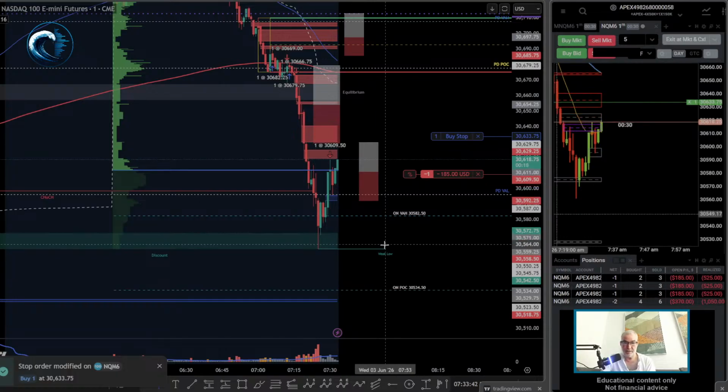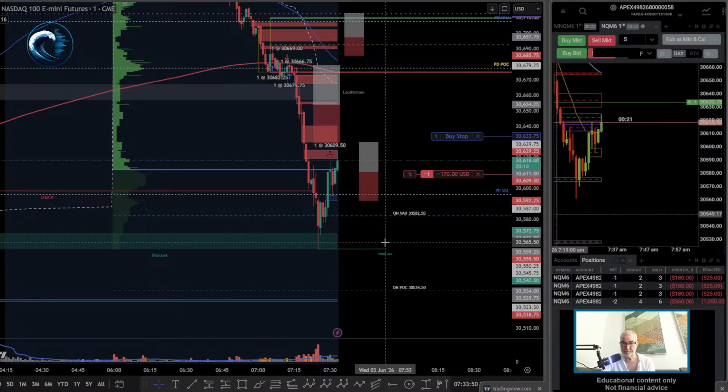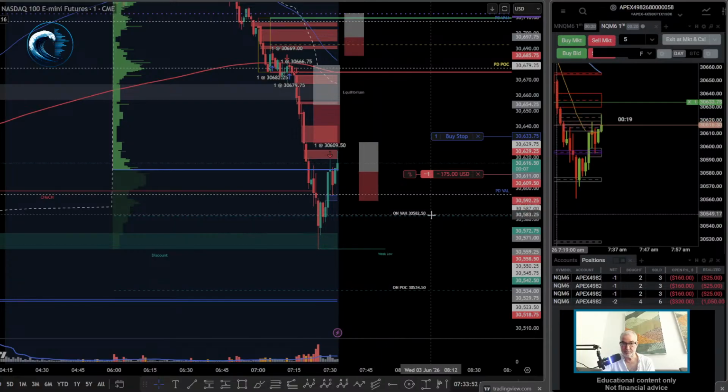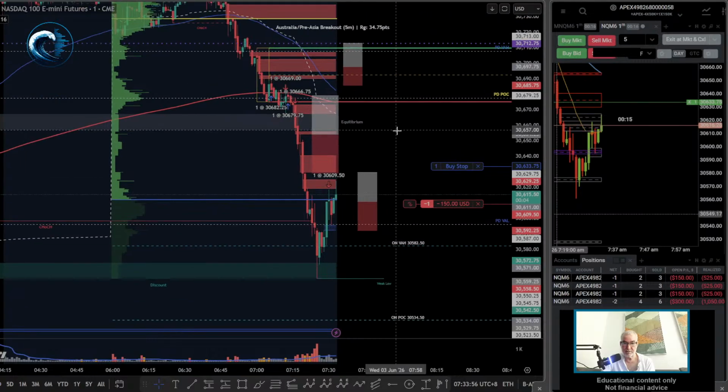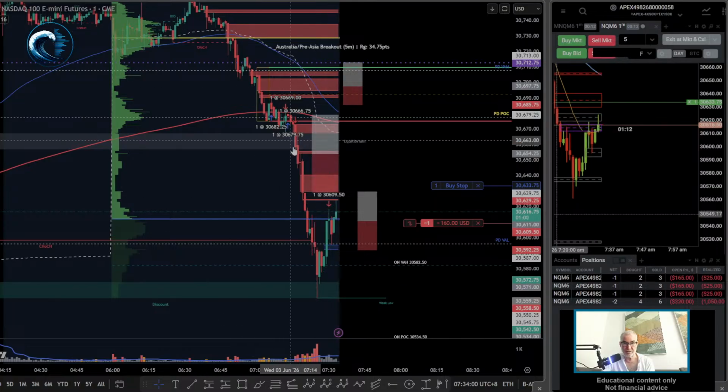Oh man, this could be a 3-zipper. How could I miss so many shorts?